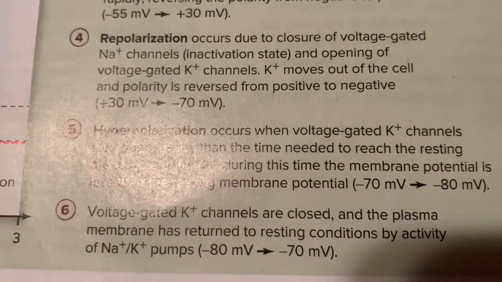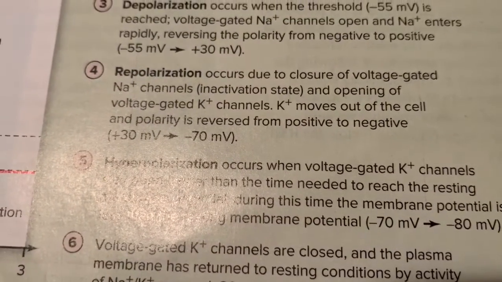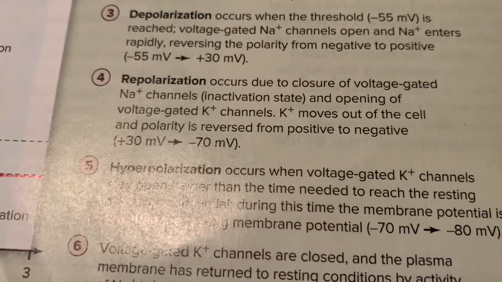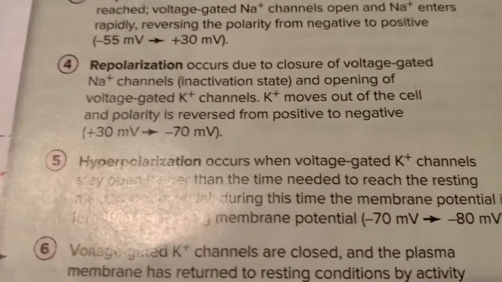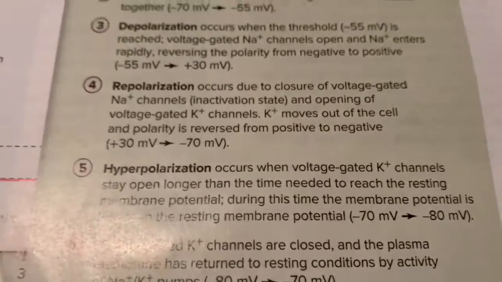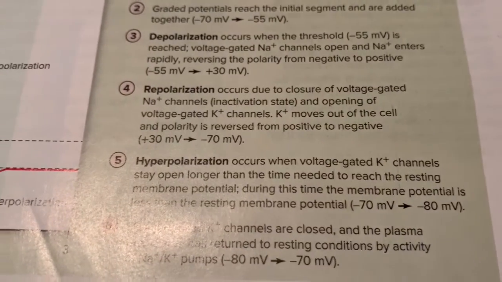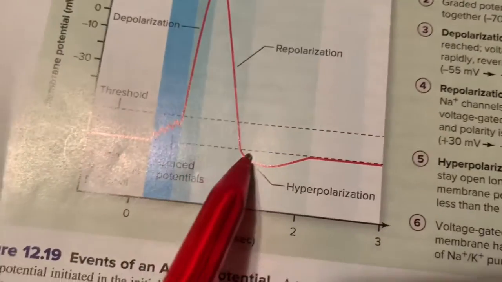Then next we have the repolarization phase, and that is when voltage-gated sodium channels close and voltage-gated potassium channels open. Polarity is reversed again from positive to negative, from positive 30 millivolts here to negative 70 millivolts. See, back down.